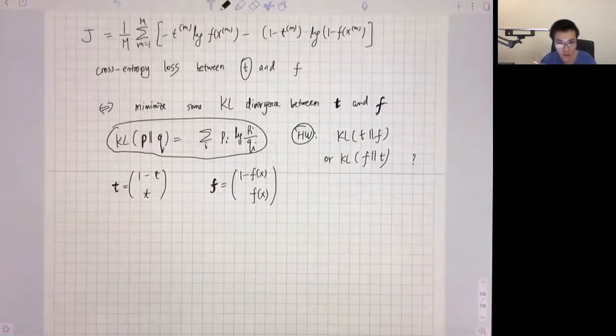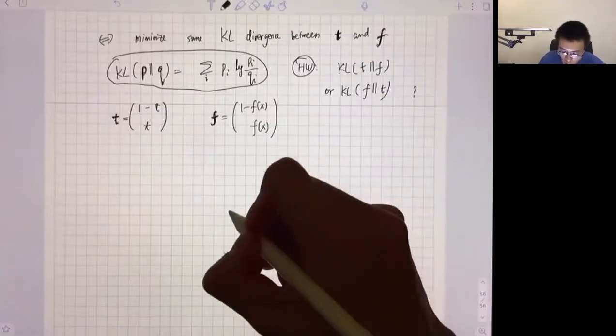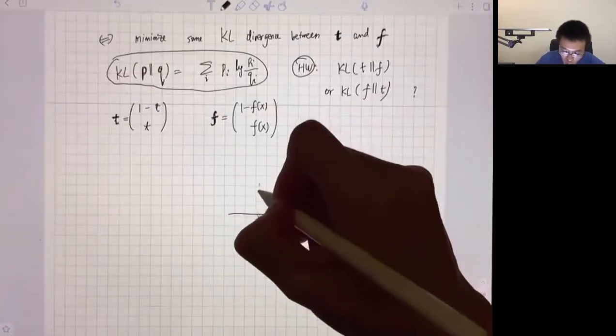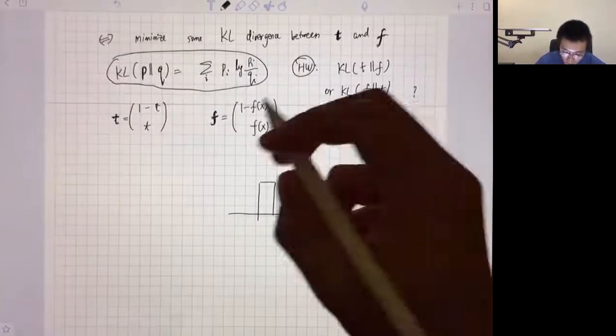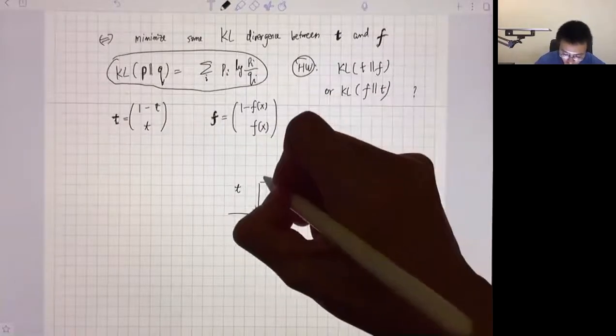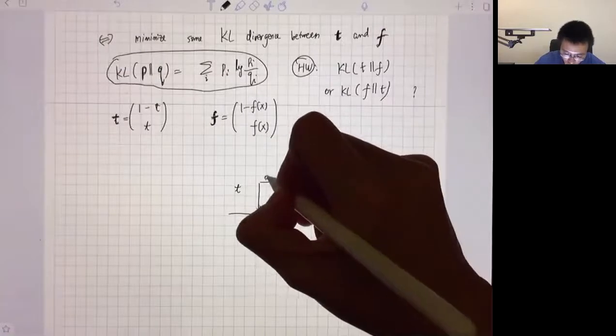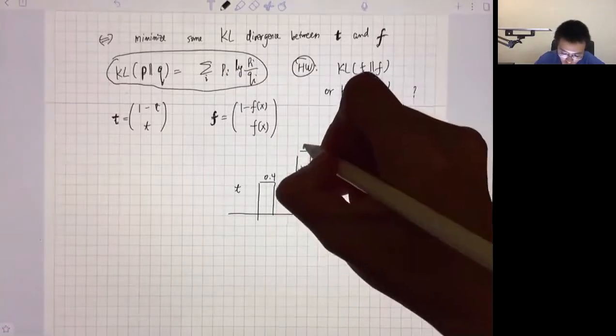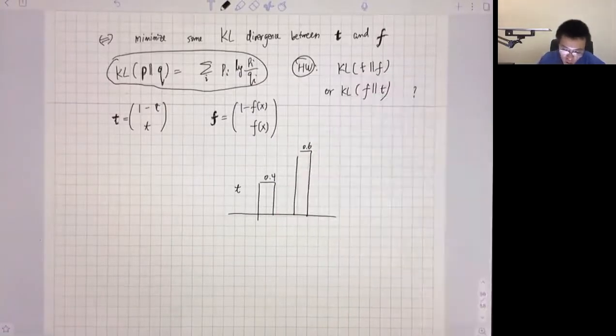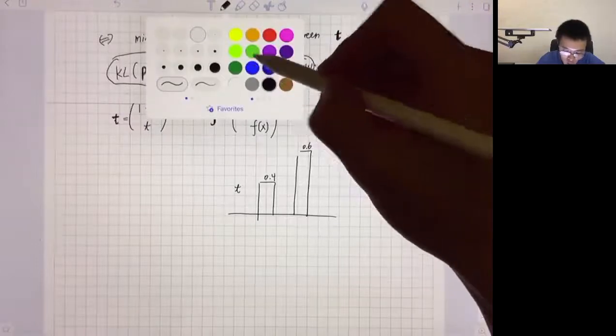And also, we know that KL divergence is not symmetric. For example, maybe my target distribution is 0.4 versus 0.6. Here I assume it's not a one-hot distribution. Now I learned two distributions.